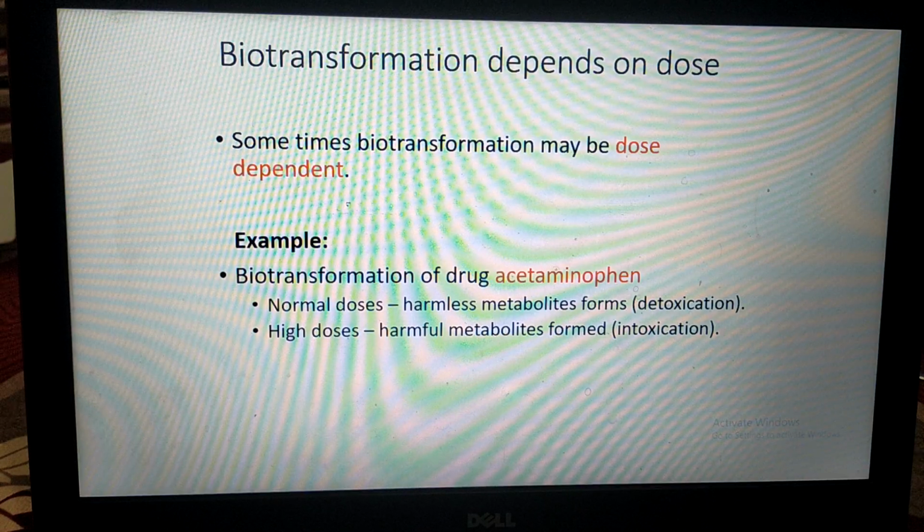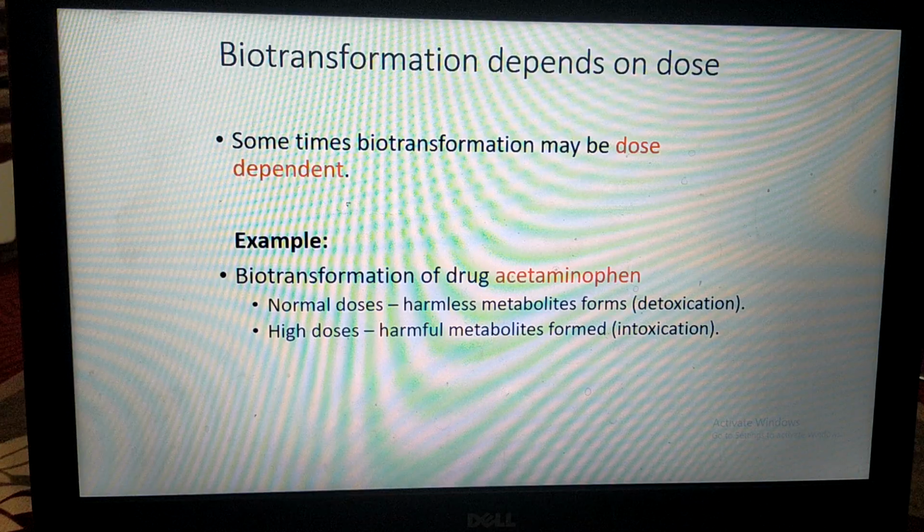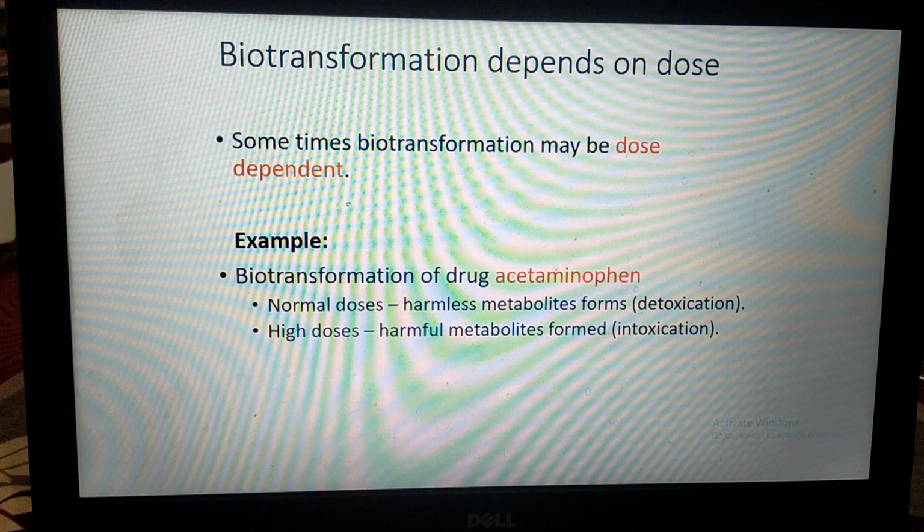Now if this drug is given in high doses, then the body will convert it into a more harmful metabolite, which is an example of intoxication. So the same drug after its action may be converted into a less harmful substance or into a more harmful metabolite, and that depends upon the dose given to the patient. Therefore biotransformation depends on dose.